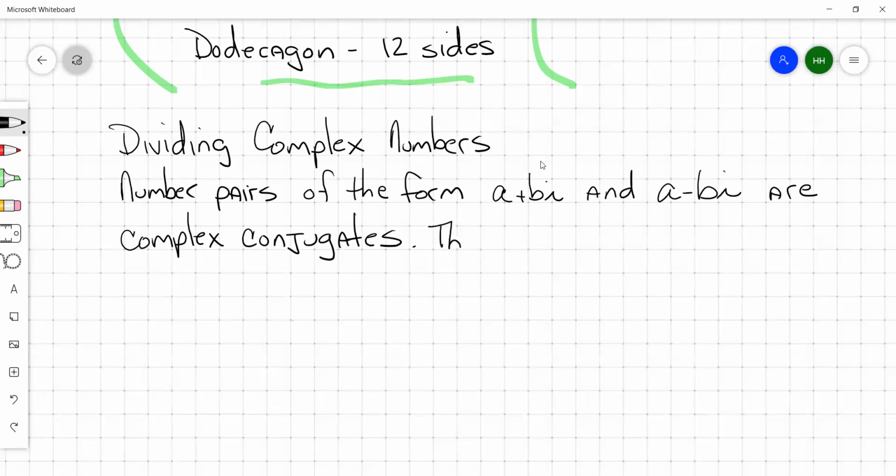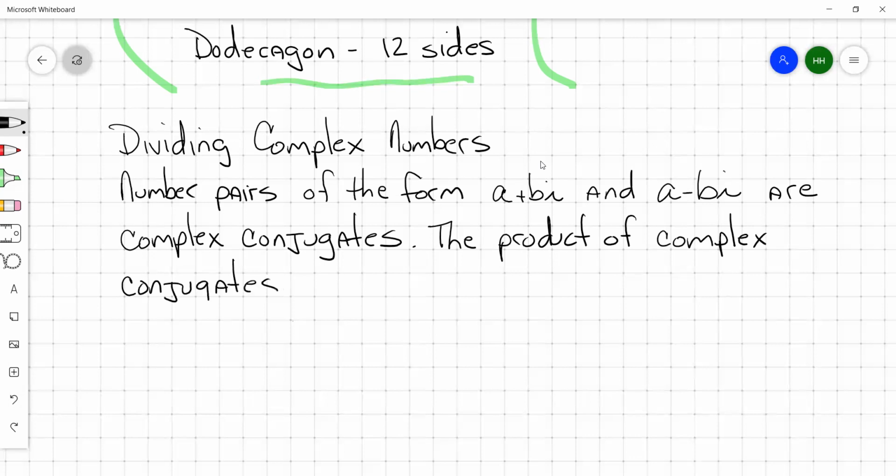The product of complex conjugates is a real number.